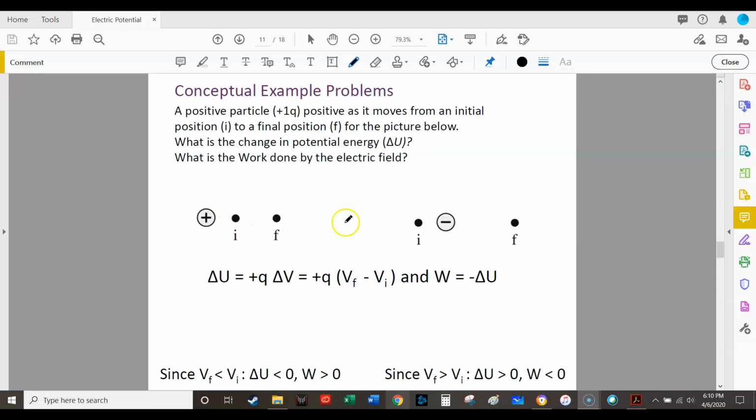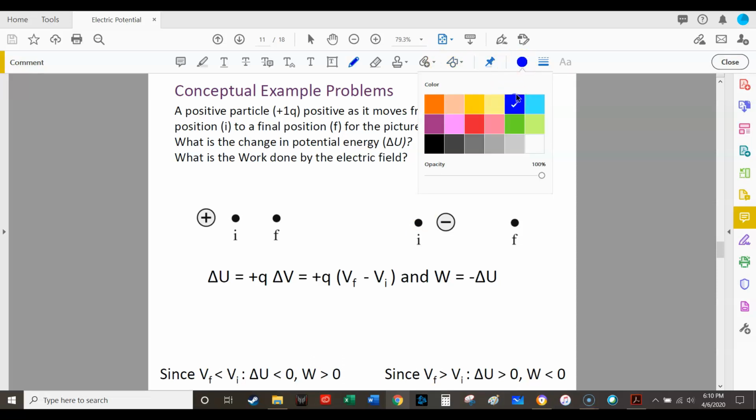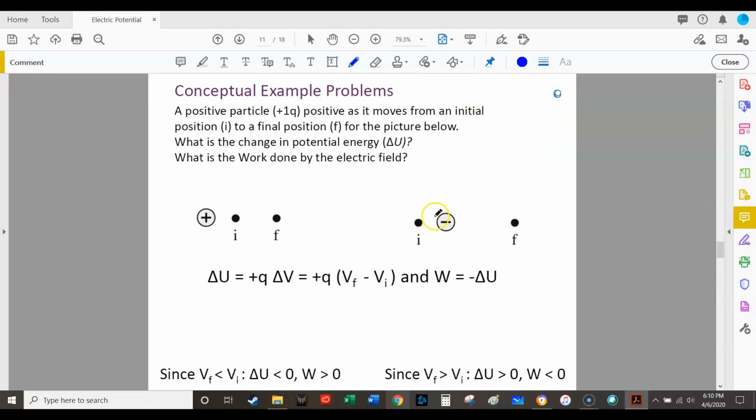Okay? Now let's figure out how much work the electric field does in moving a positive charge from I to F, given that this is a negative Q. Well, what I'm going to do is change this color to blue, because blue I associate with negative Q. So we have a negative Q causing a voltage here and a voltage here.